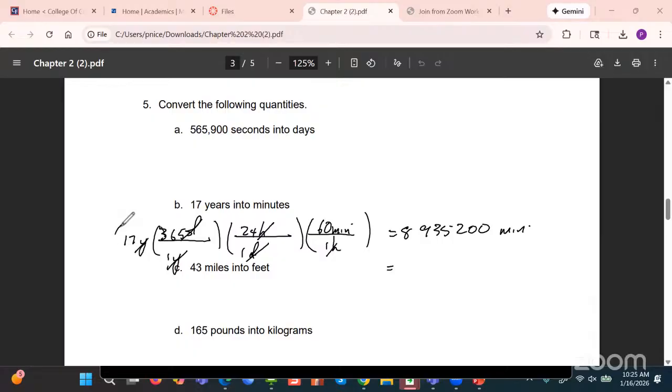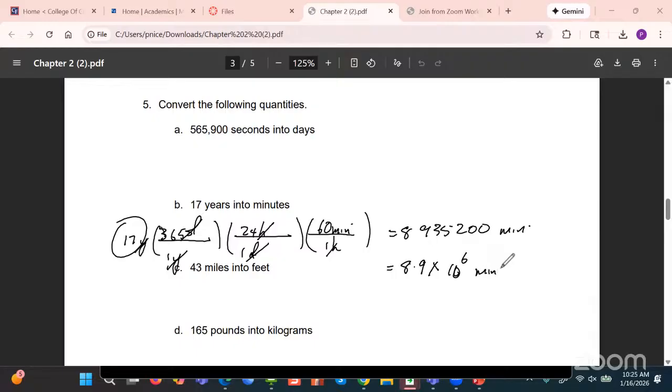How many sig figs do you have here? 2. So you have to round this answer off to 2 because these are all exact relationships, right? So what would be the coefficient firstly? 8.9, right? Multiplied by 10 to the what? 10 to the 6 minutes.